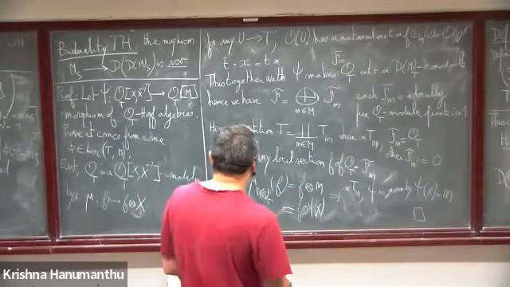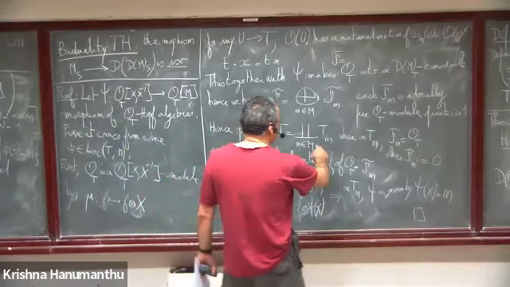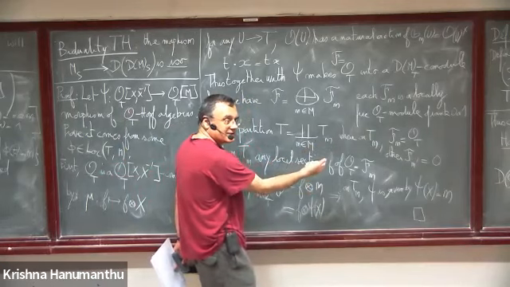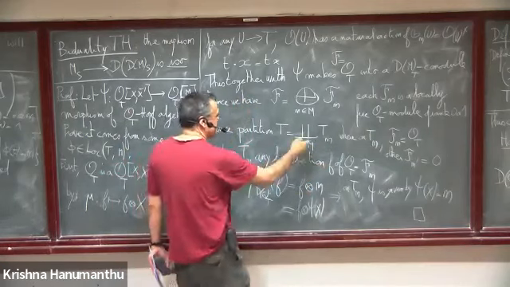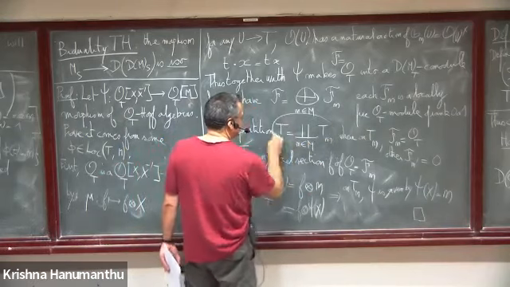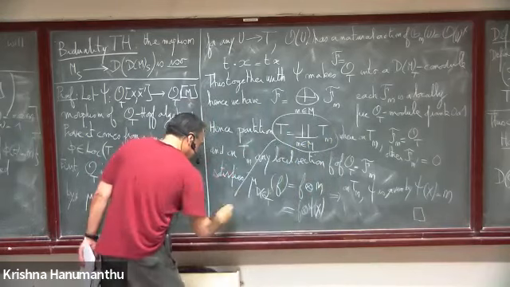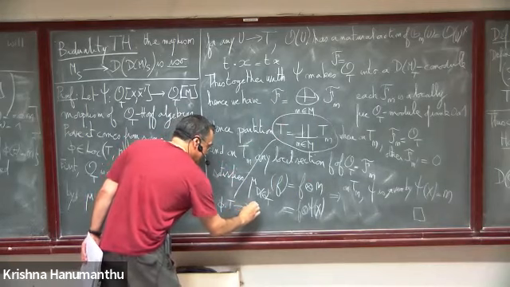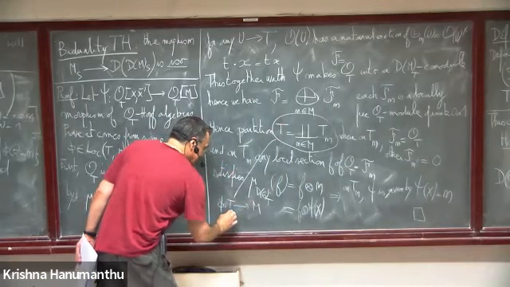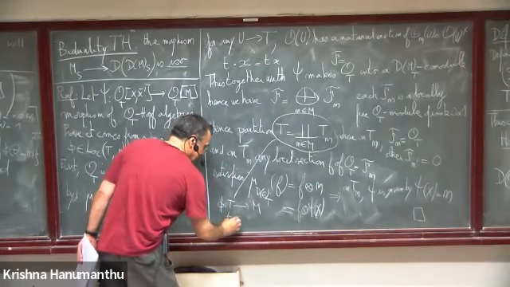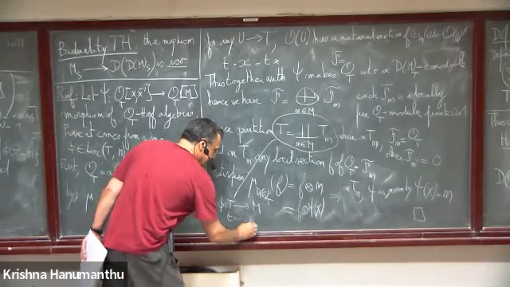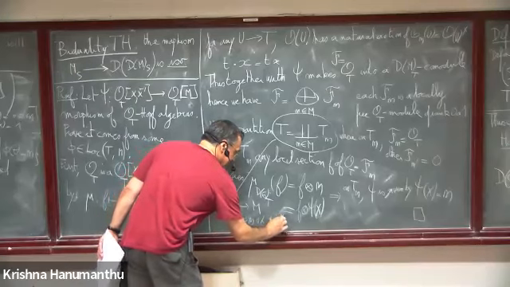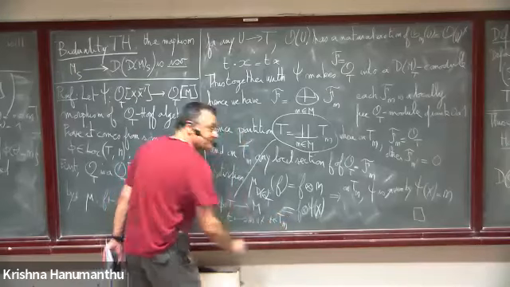So this gives a function, so this gives phi from t to m. So every t is sent to the m such that t is in Tm.